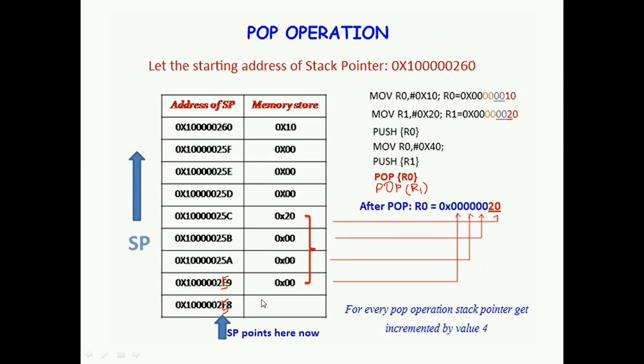For every pop operation, the stack pointer value gets incremented by 4. I repeat, for every push operation, the stack pointer gets decremented by value 4. This is regarding push and pop operation.